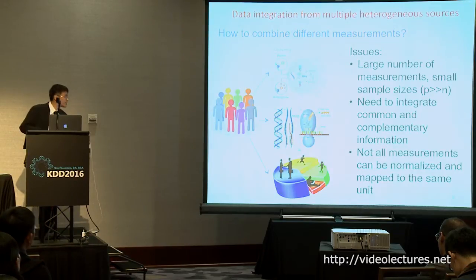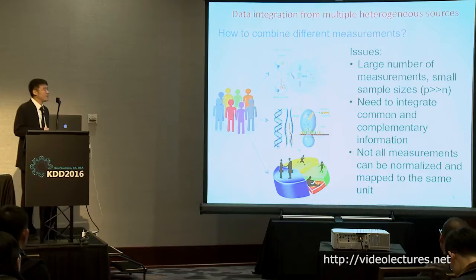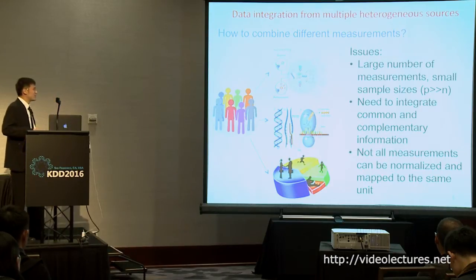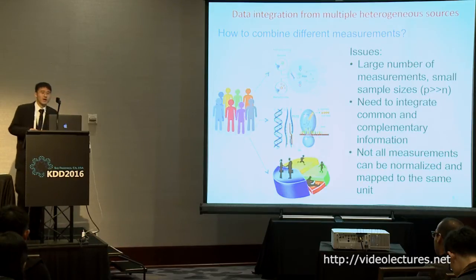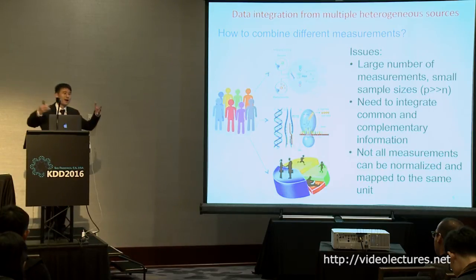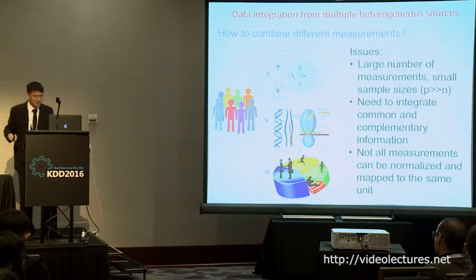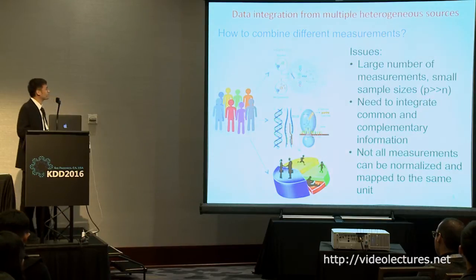Also, we need to find an algorithm to integrate common and complementary information. And not all measurements can be normalized and mapped to the same unit. So it's very hard to combine them together into a vector to apply data mining and machine learning algorithms.